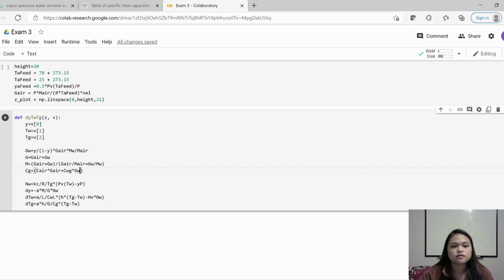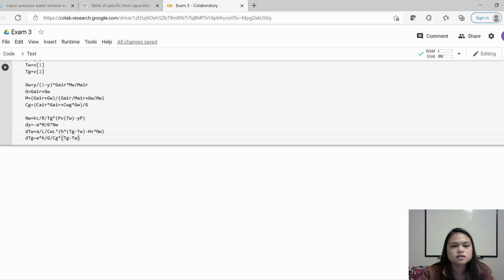And then you want to put all of that over the total gas flow rate. So this HV is actually the enthalpy of vaporization, just as a correction.